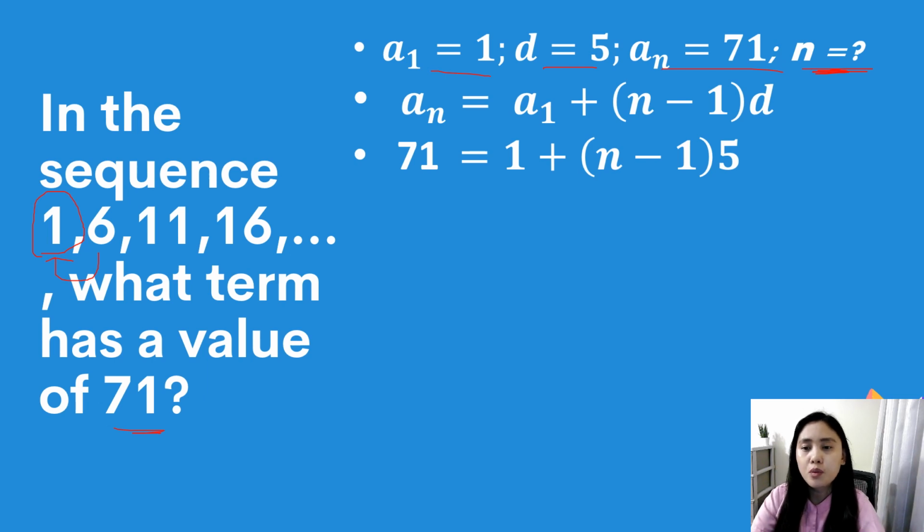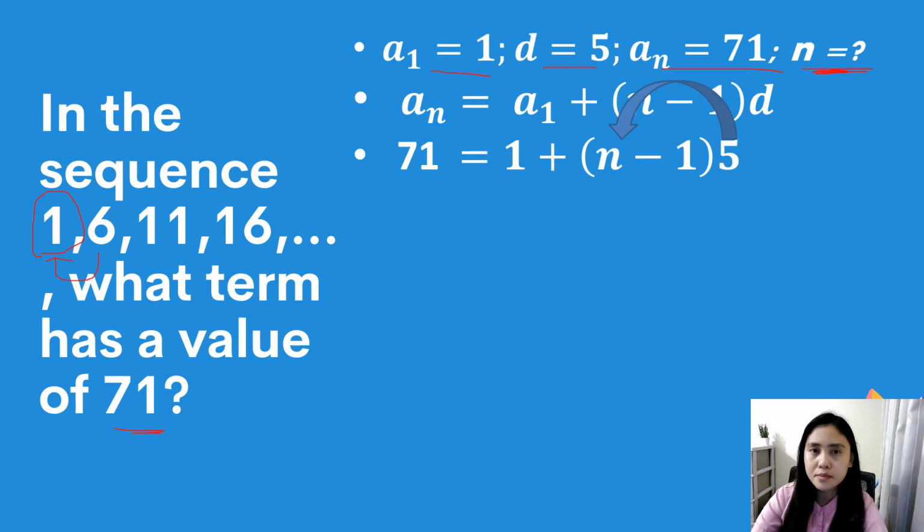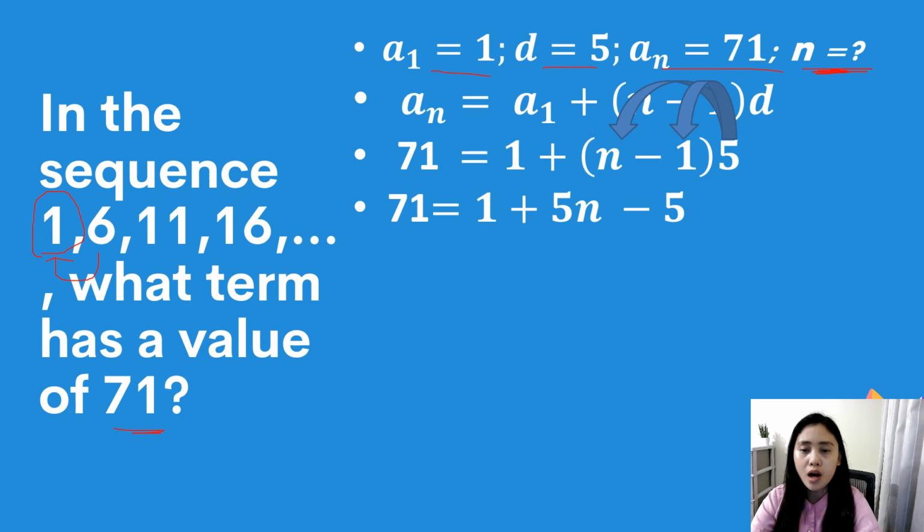Next step, we will distribute 5 by the terms inside the parentheses. So we'll start by 5 times n. Next is 5 times negative 1. So the next step of your solution should look like this. 71 equals 1 plus 5n minus 5.